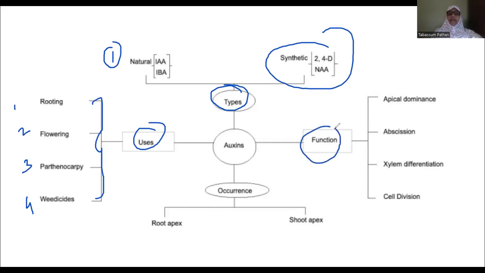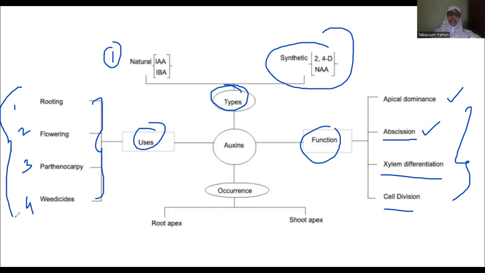Functions of auxin are apical dominance, preventing premature falling of the leaves, fruits, or other organs, which is also known as abscission, xylem differentiation, and cell division. These are some of the key functions represented in this summary chart. And where will you find auxin?